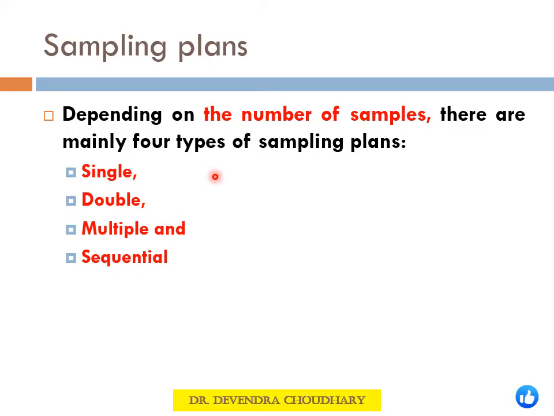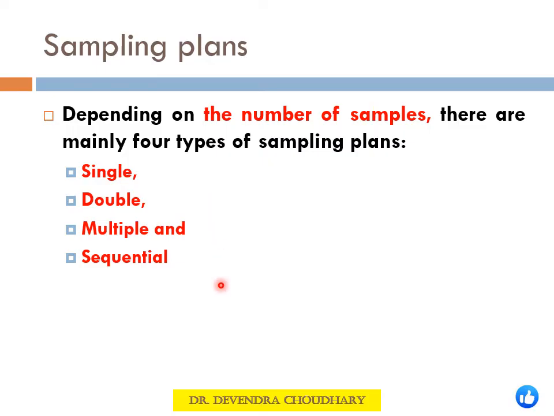Now, what do you mean by effectiveness of a sampling plan? It means we evaluate a sampling plan based on how well it discriminates between a good and a bad lot, and at the same time this sampling study should be carried out in the most economic way.